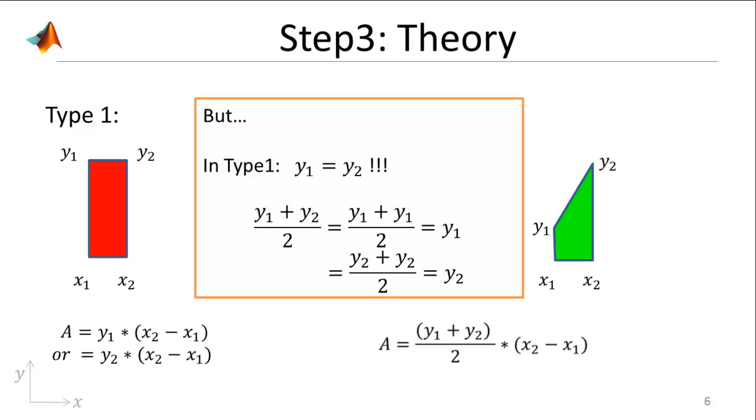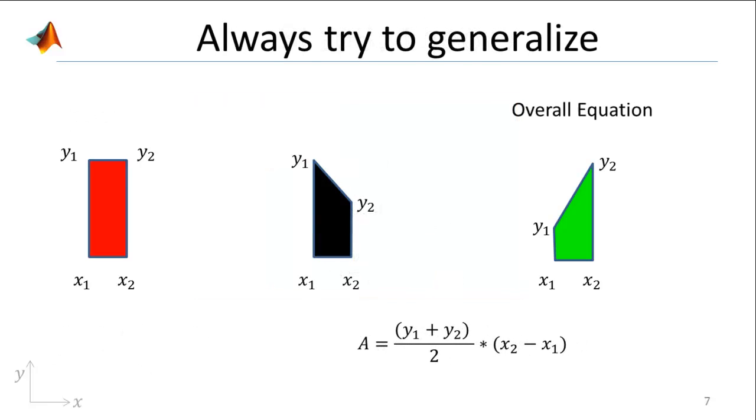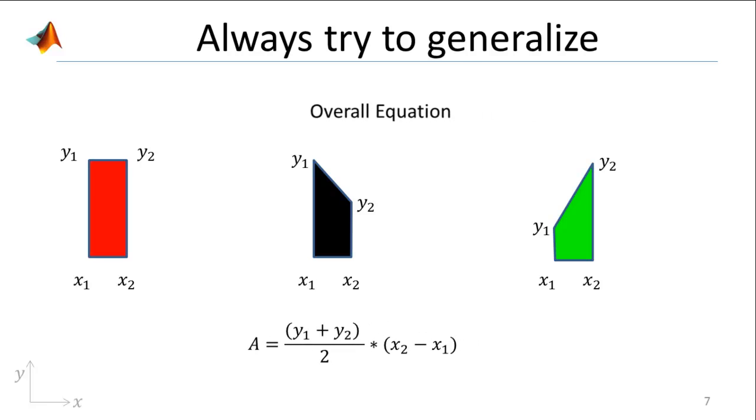So if we apply the equation overall, y1 plus y2 over 2 still simplifies to y1 or y2. So in reality, there is only one equation for this entire problem. So don't jump and code immediately without first thinking about the equations that you will have to code.